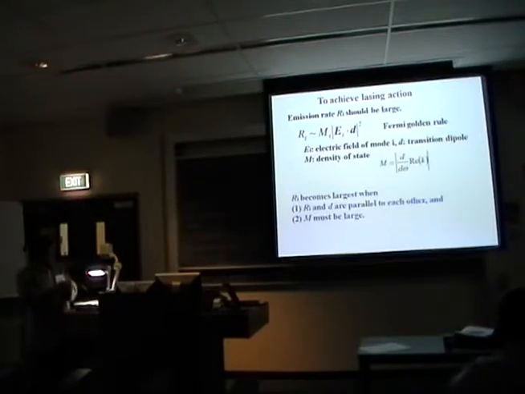If the electric field is parallel to the transition dipole, of course the emission rate becomes larger. And also the important factor is the density of state. So we multiply by the density of state, which is given by this equation, as I told you before.